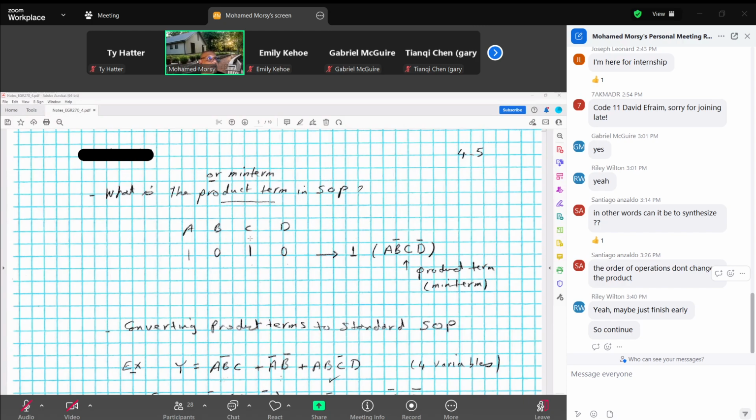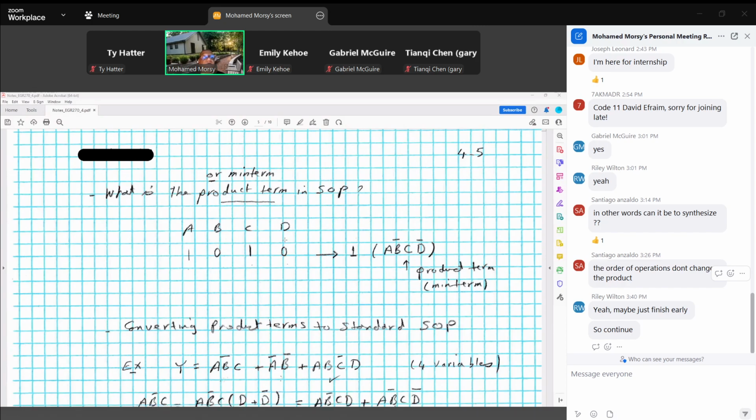If we multiply A, B, C, D, definitely we'll get 0, right? Because we have zeros. So to get 1, how should the product term be? A is 1, perfect. But B is 0, so we have to use B inverted to keep 1. C is 1, perfect. D is 0, so we have to use D inverted.